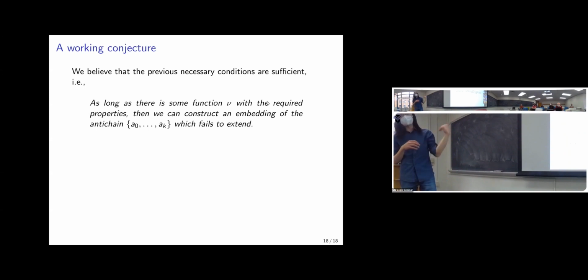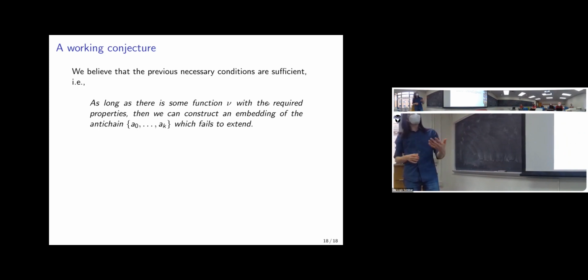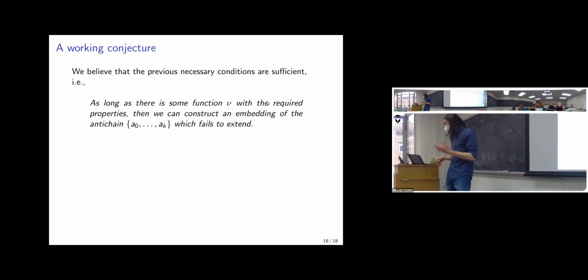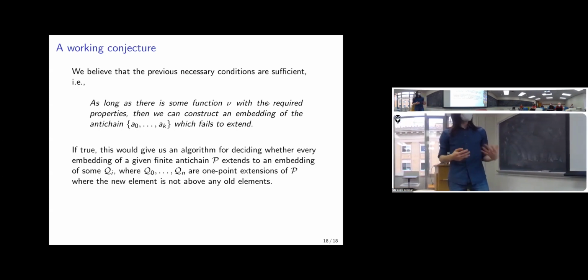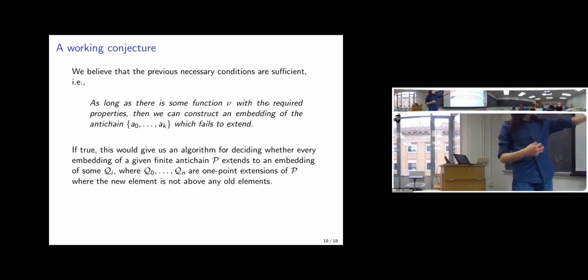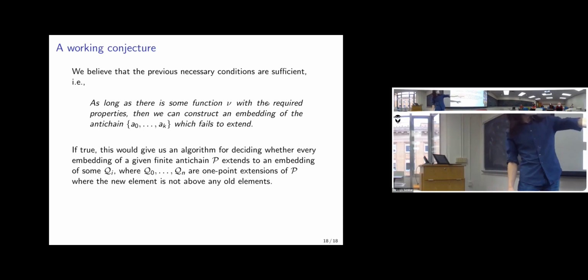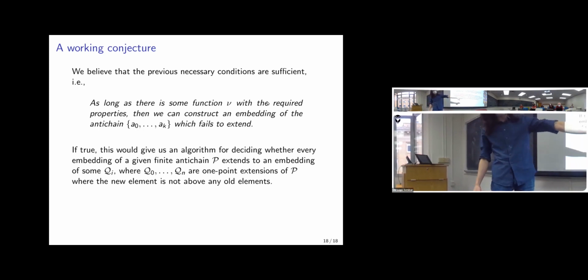But basically, using that, we now have a working conjecture. So we believe that once we soup it up using this intersection reasoning on the previous slide, then we can write down some combinatorial property of nu, which characterizes exactly when anti-chains fail to extend. And if this actually is a sufficient condition, then this would give us an algorithm for deciding whether every embedding of a given anti-chain P extends to an embedding of some Qi, where the Qi's are one-point extensions, where the new element is not above any old element.